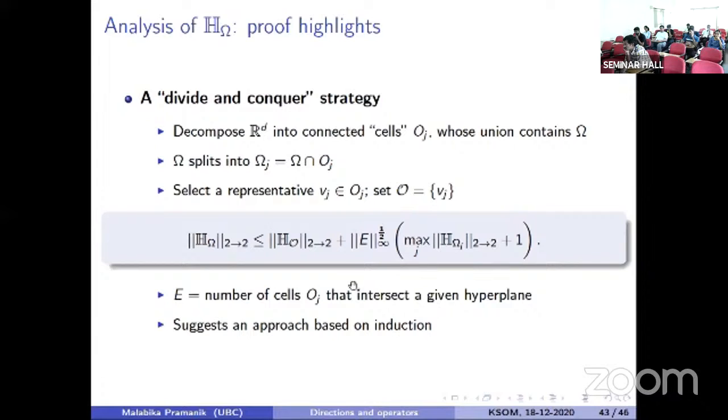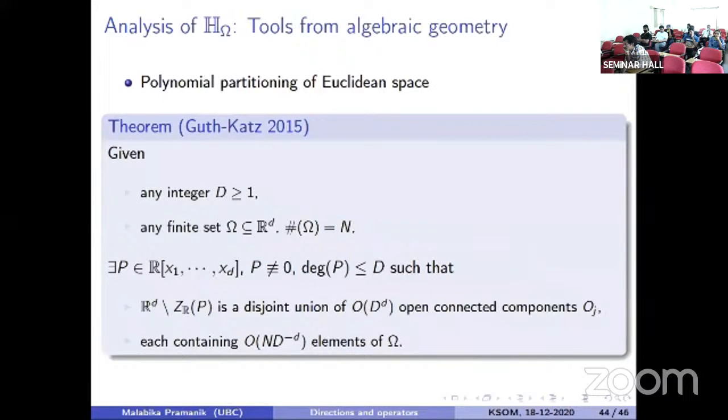Typically, we expect Omega_j and O to contain fewer elements than Omega, and this suggests the divide and conquer strategy based on induction. In order to find an efficient choice of the cells O_j, we appeal to the tool of polynomial partitioning of Euclidean space introduced by Guth and Katz.